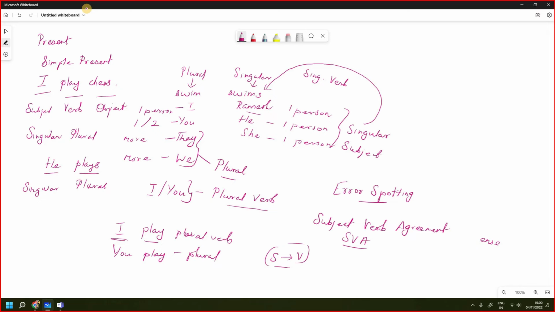You have to remember this: singular subject, singular verb; plural subject, plural verb. The rule is very easy, but finding out whether the verb is singular or plural is difficult. For that, you have to practice.